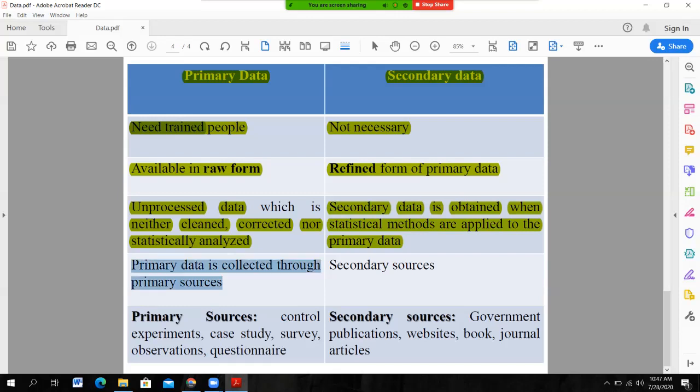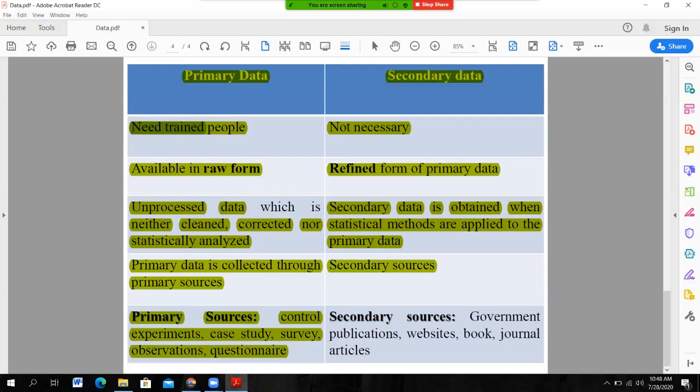Primary data is collected through primary sources, while secondary information is collected through secondary sources. So what are the primary sources of data collection? The primary sources include control experiments, case studies, surveys, questionnaires, observation, interviews.